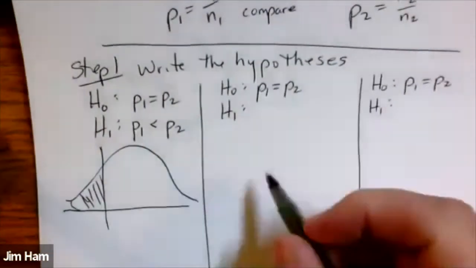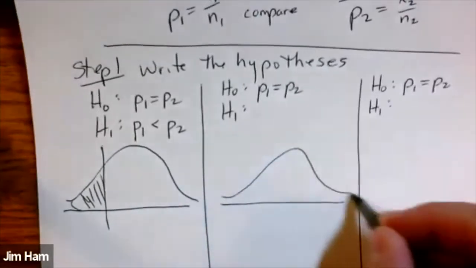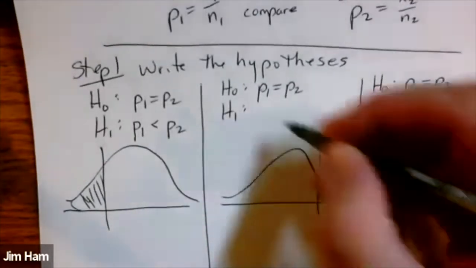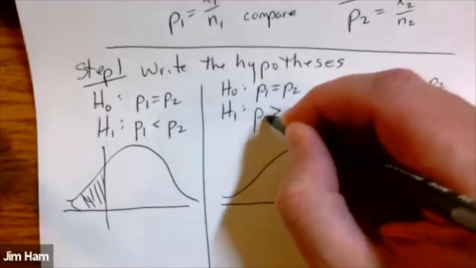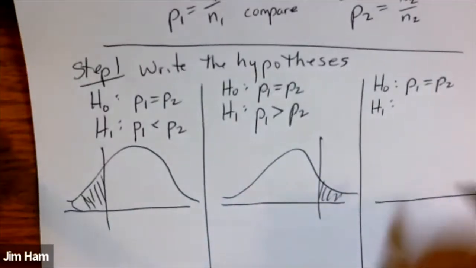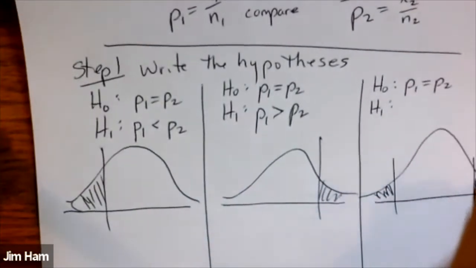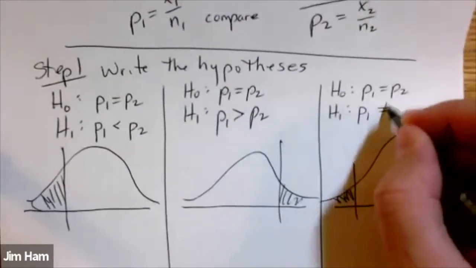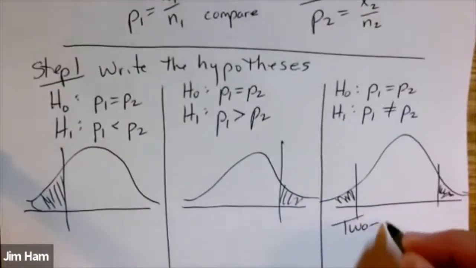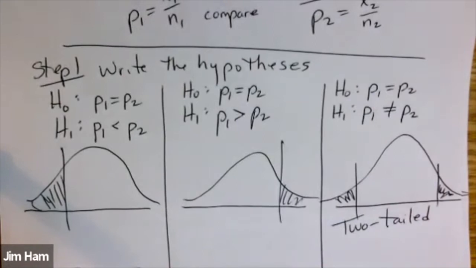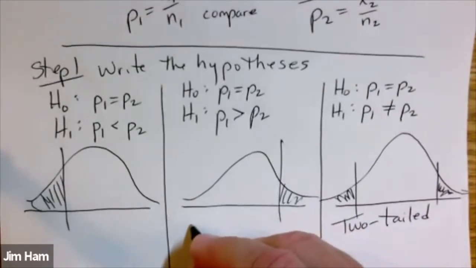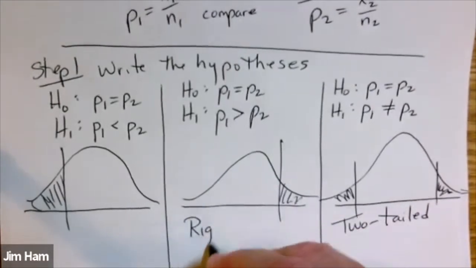We've got the left-tailed test, the right-tailed test, where we use the greater than sign, and then we have the two-tailed test, where you have area on both the left and the right, and here we use the not equal to sign. The two-tailed test is similar to the test that we've done in the past. This is a right-tailed test, because the area is to the right.